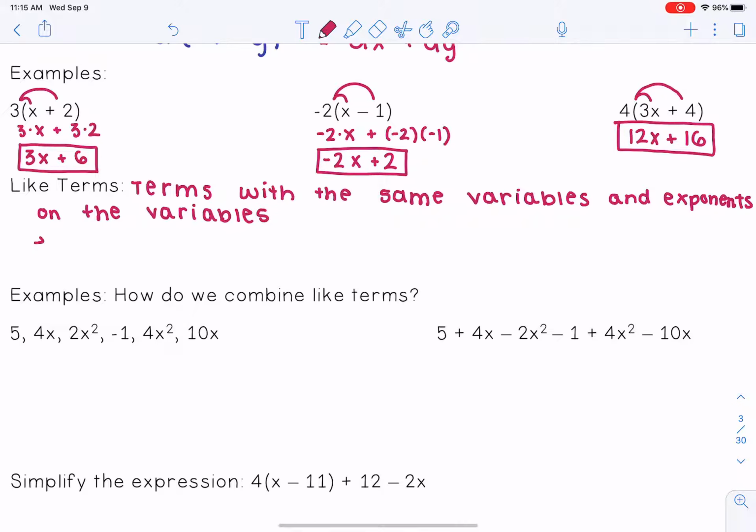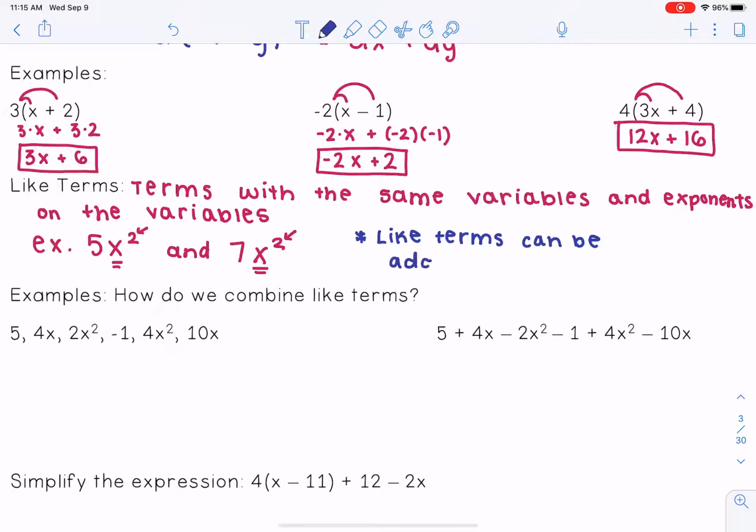So this is an example. We have like 5x squared. We have the same term, the same exponent, and 7x squared. Same term, same exponent. It doesn't matter that the coefficients, 5 and 7, the numbers in front are different. So why do we care? Well, we care because like terms can be added or subtracted.